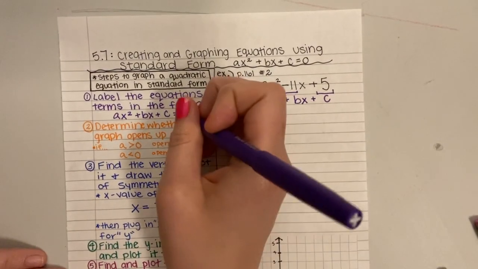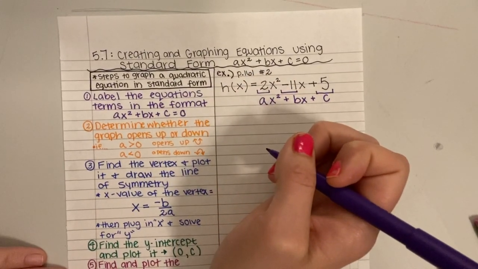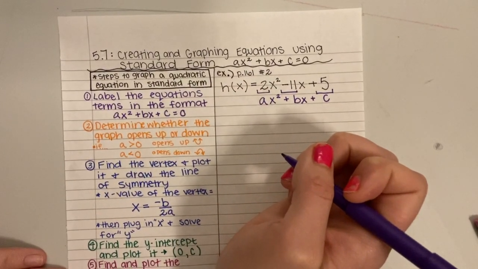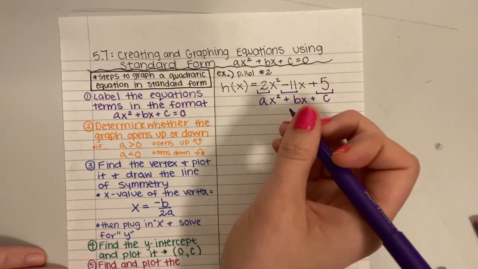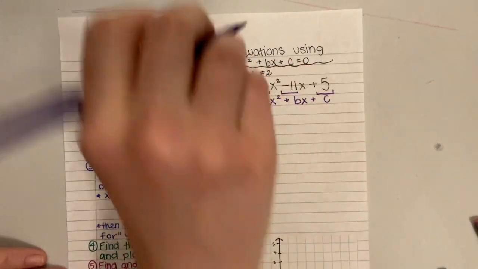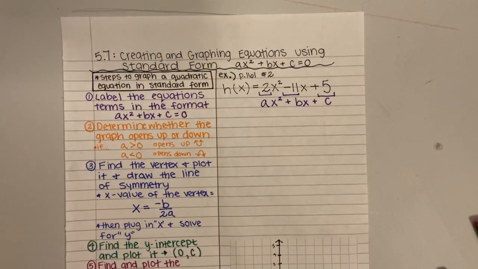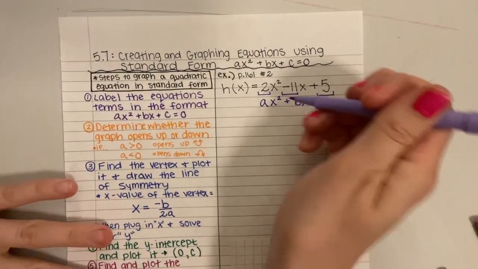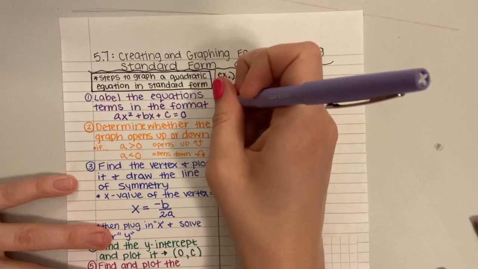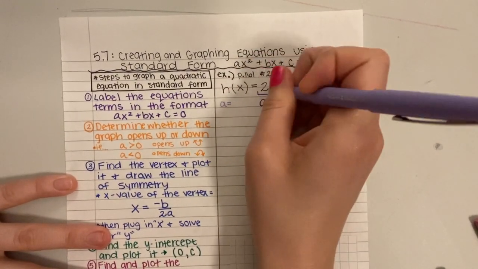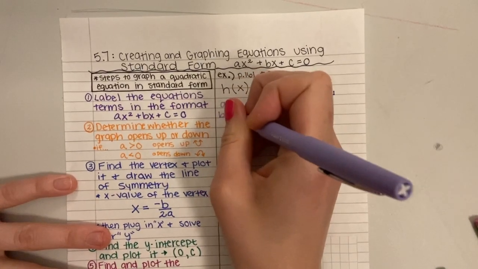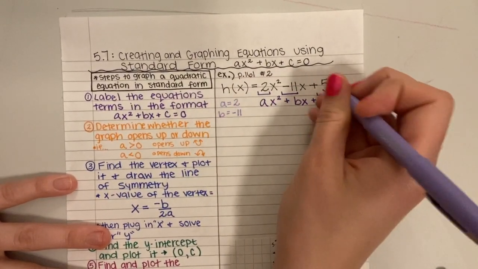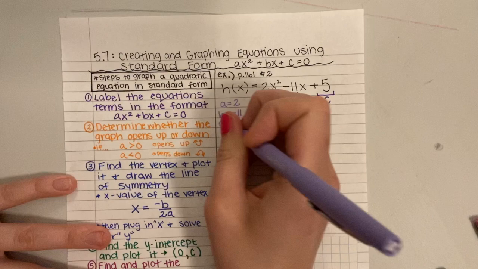So I've labeled the equation's terms. To add a little bit to this, I can also write out to the side that in this equation, a equals 2, b equals negative 11, and c equals 5.